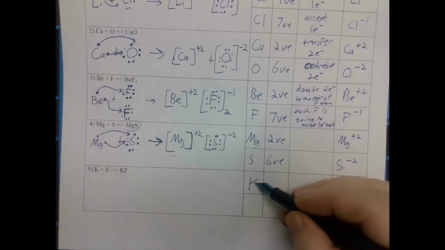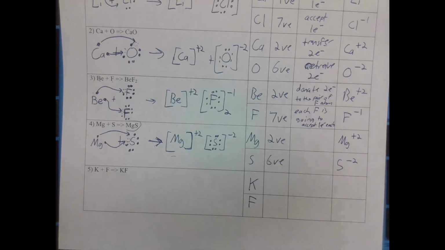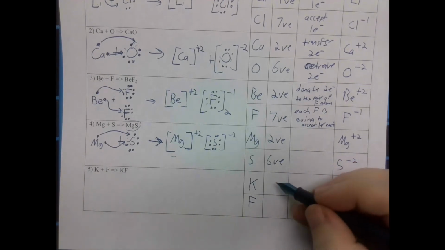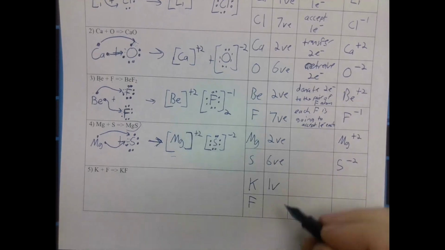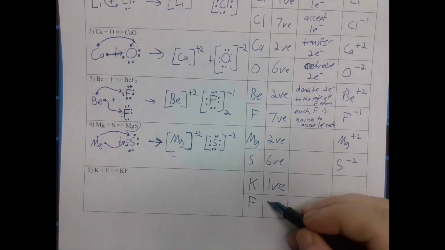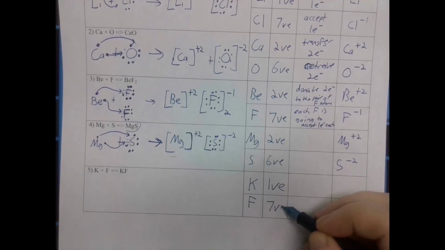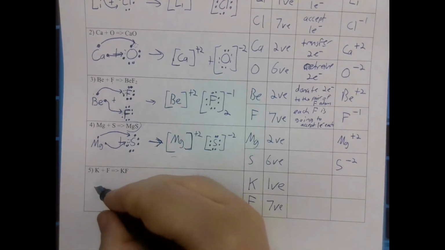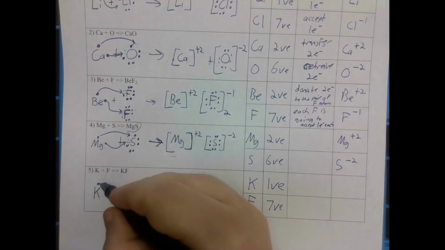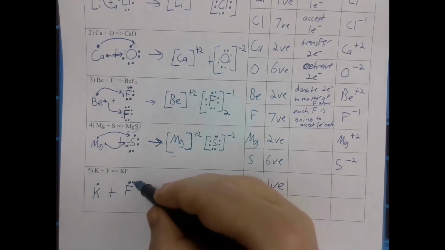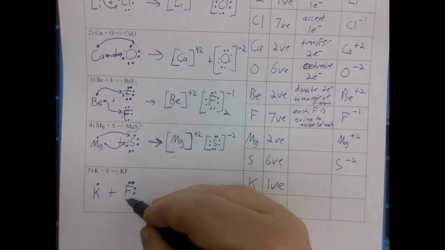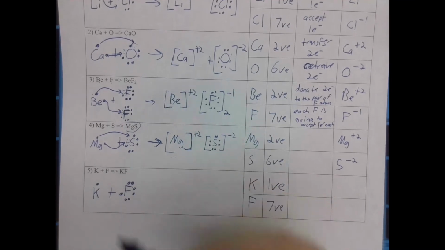So our atoms are potassium and fluorine. How many valence does potassium have? And how many does fluorine? 7. Potassium is sitting here with 1. We're adding with it a fluorine that has 7.